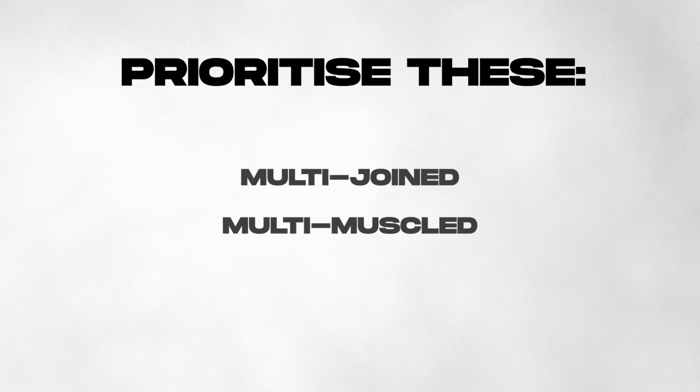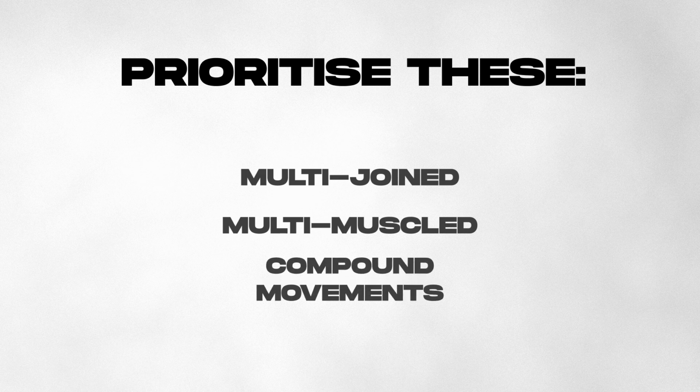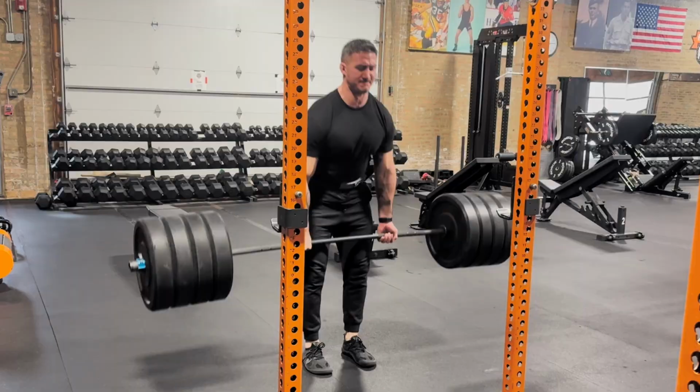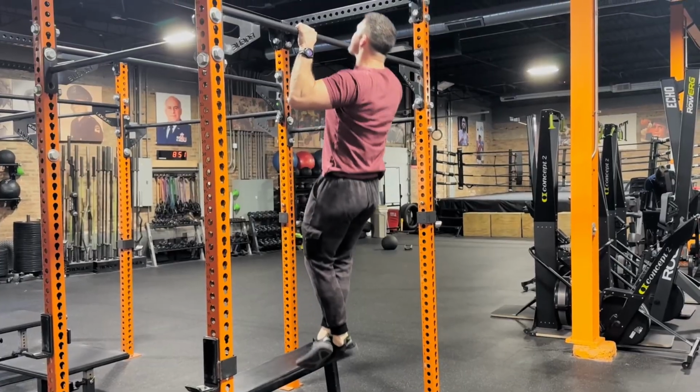For strength training, exercise selections are typically multi-joint, multi-muscle compound movements that allow you to lift heavy weights and use many big muscles with a bigger range of motion. So we're looking at things like squat, deadlift, bench press, pull-ups.